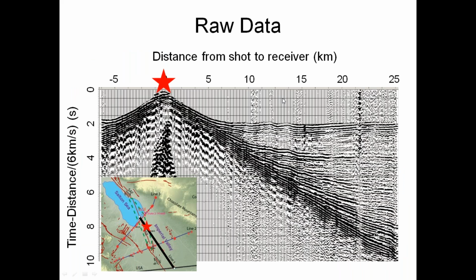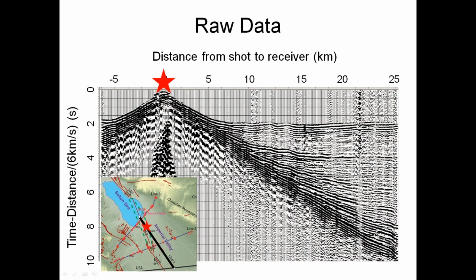We also generate synthetic data from travel time tomography and full waveform inversion velocity models to compare with the raw data. Here I show a raw data example. The shot point at this shot gather is in the northern part of the valley.